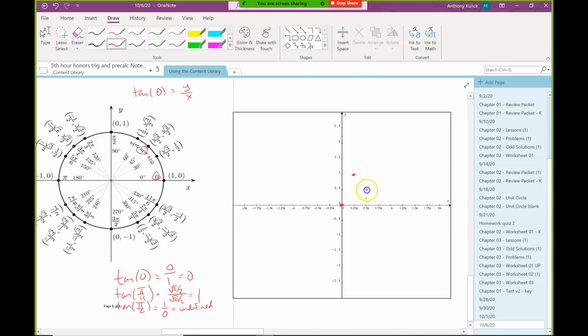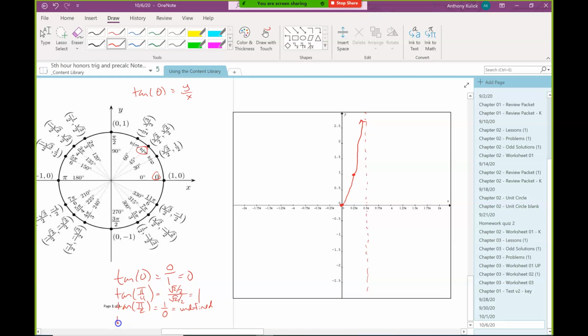So we'll draw in our vertical asymptote. And we know that for the vertical asymptote, the graph is just going to follow that, going on forever, right? So far, so good?